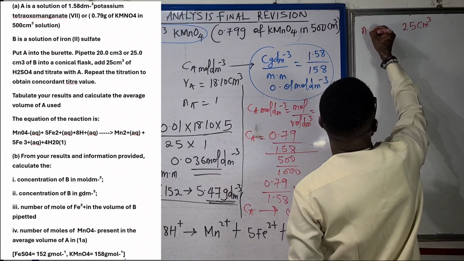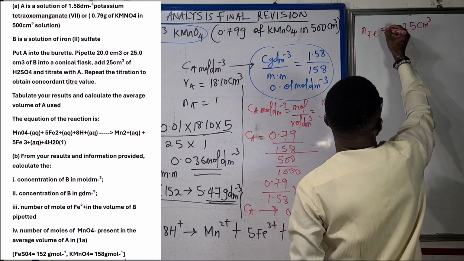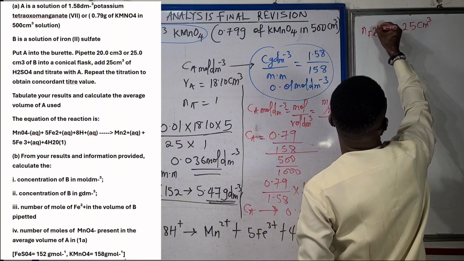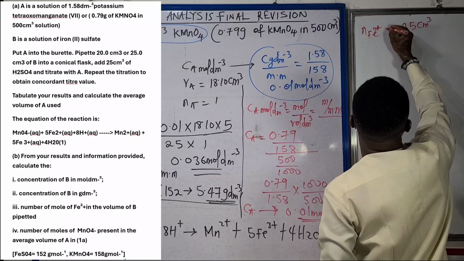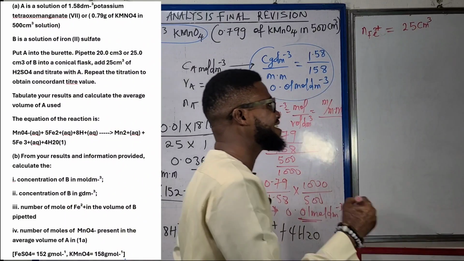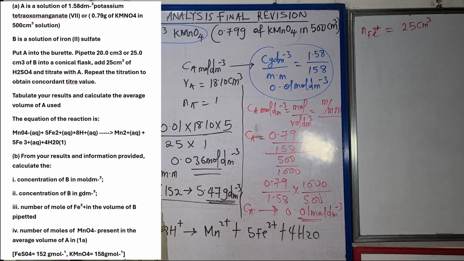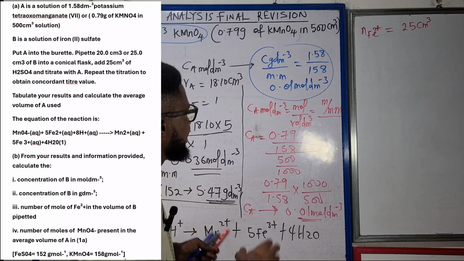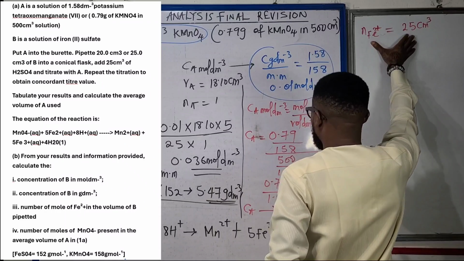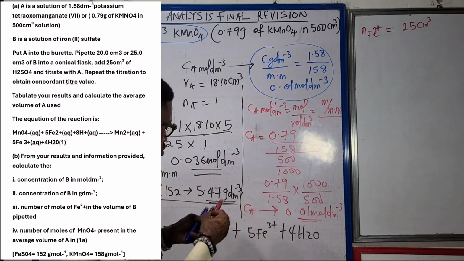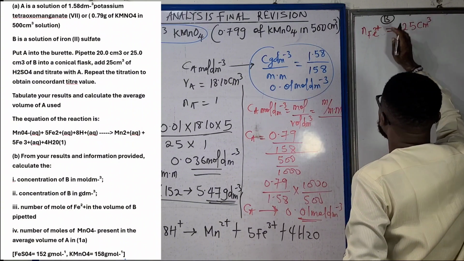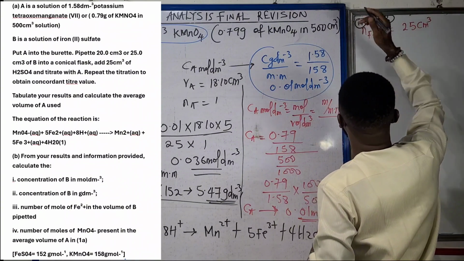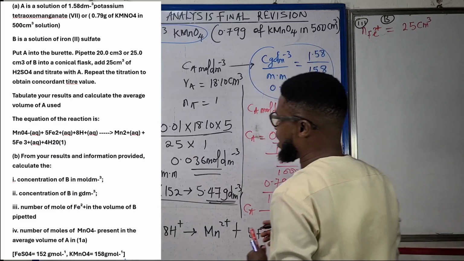So we're looking for the number of mole of iron 2 ion that is inside 25 cm cube of FeSO4 pipetted. Okay, this is a very simple thing. There is nothing I can do here, but since I now know I am dealing with B, which is my iron sulfate, this is B3.